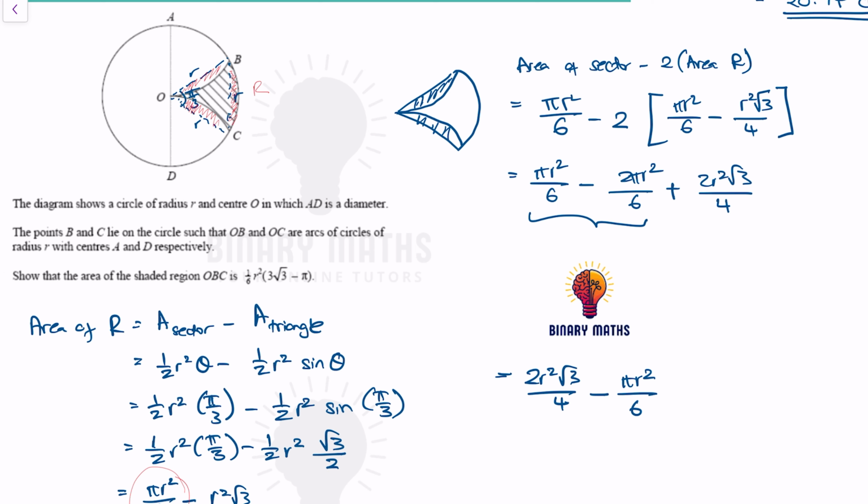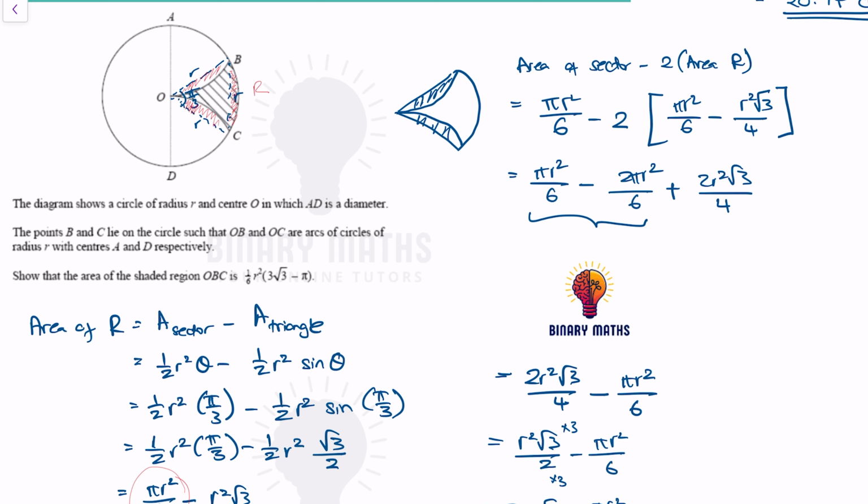Okay, you can simplify the first term, so I end up getting r squared root 3 over 2, take away pi r squared over 6. Okay, if I times top and bottom by 3, I get 3r squared root 3 over 6 minus pi r squared over 6.